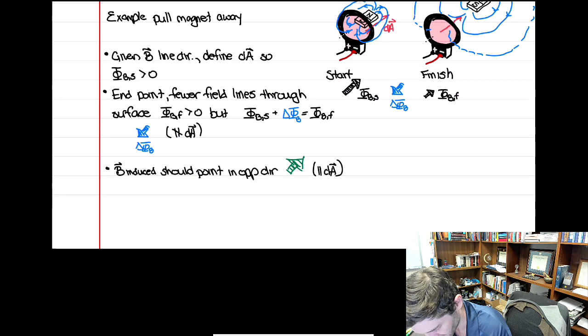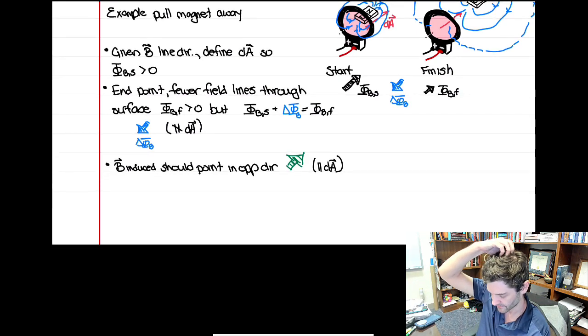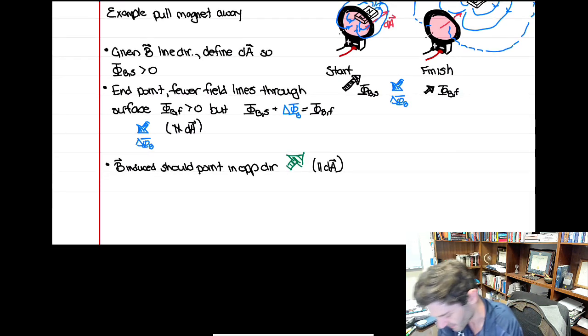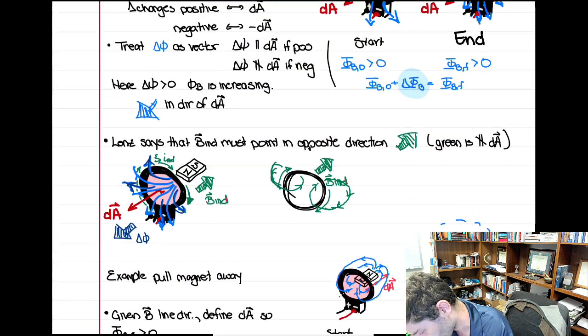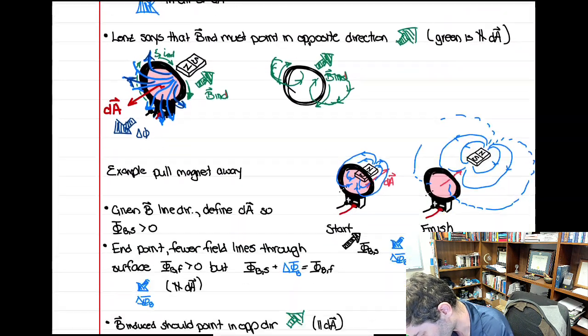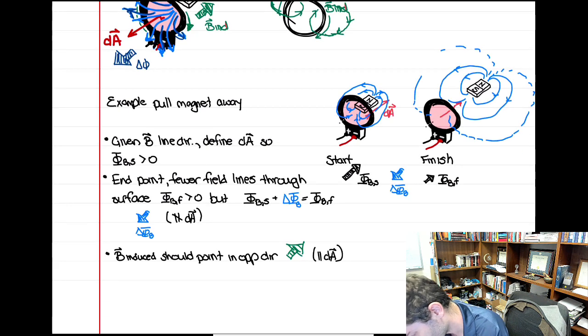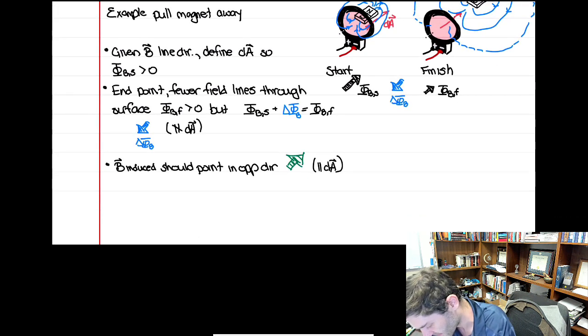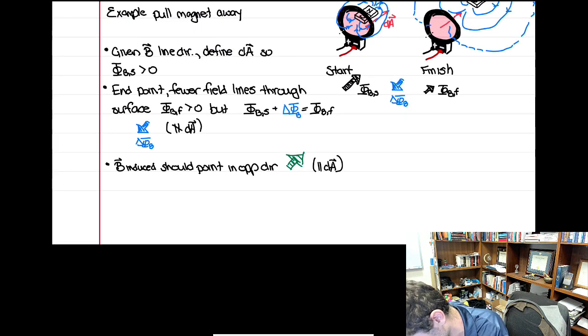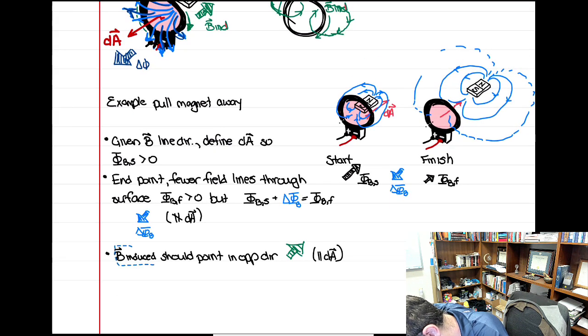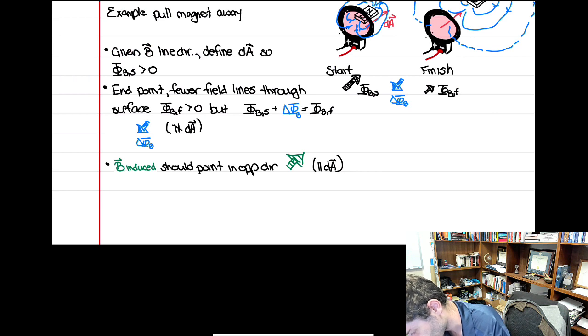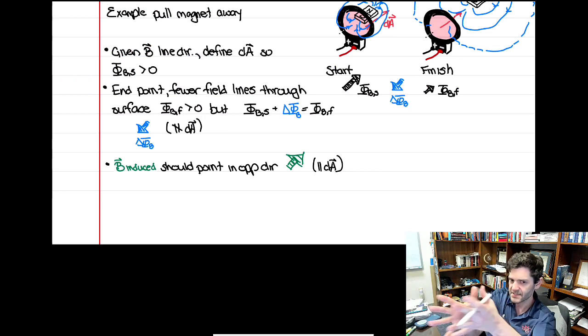And then we just have to think about what direction the current has to be to do that. And it seems like then we have more or less the same as before. So in order to get the induced magnetic field, I should have made that green because we're sticking with green for induced magnetic field. If I go back up to the picture, it's not too busy yet. Essentially, I start with lots of flux going through the tube, and then there's not as much flux going through the tube.